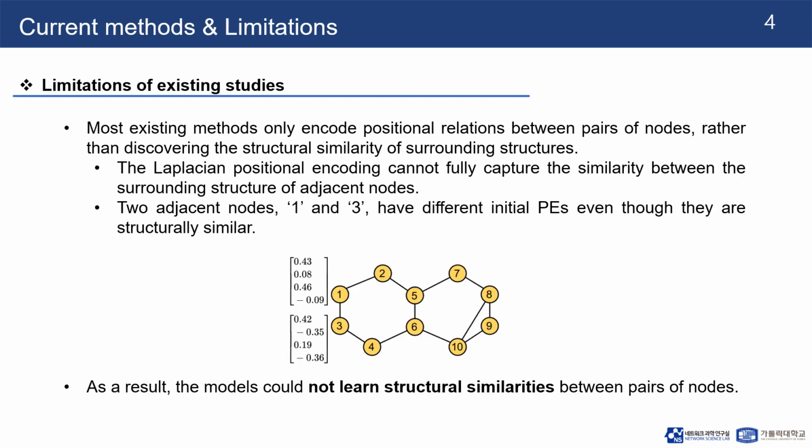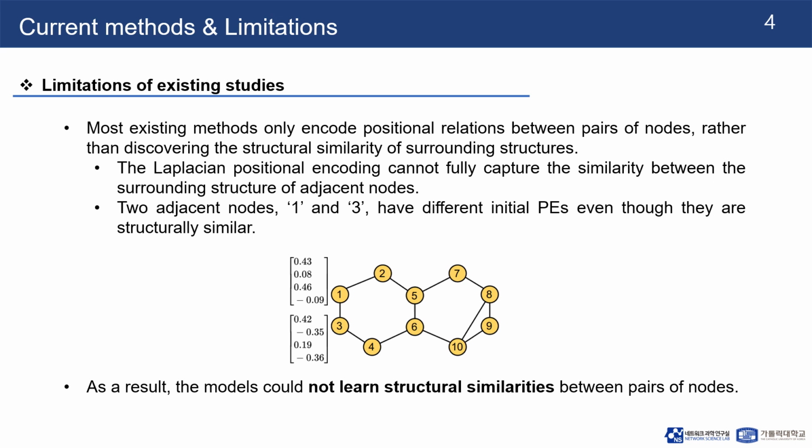However, there are several limitations of existing studies. First, most existing methods only encode the positional relations between pairs of nodes rather than discovering the structural similarity of surrounding structures. For example, Laplacian positional encodings cannot fully capture the similarities between the surrounding structures of adjacent nodes.